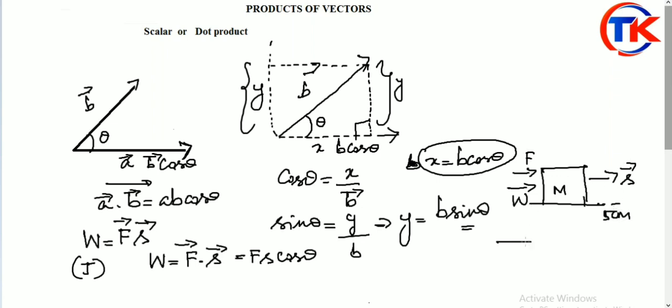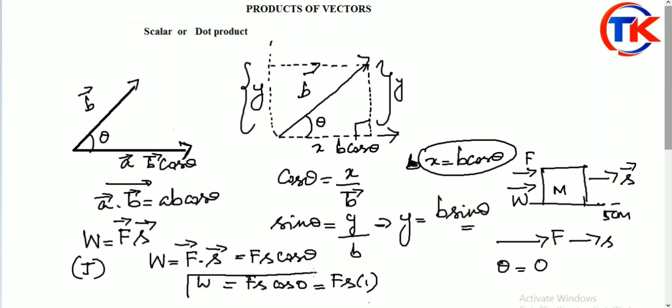So the force direction is like this, from left to right. The displacement is also in the same direction, along the direction of the force. Then what is theta? Both F and S are in the same direction, so theta is equal to 0. Now I am going to apply here Fs cos 0, which is equal to Fs times 1, right? That is cos 0 is equal to 1. So I am going to get the maximum work.